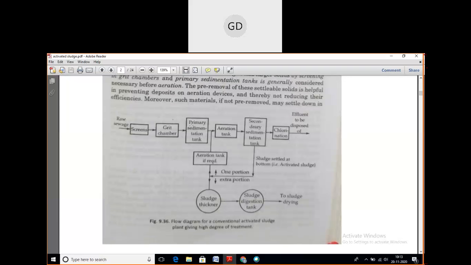All these things we have learned: first screens and grit chamber, then the primary sedimentation tank, and after that an aeration tank, and from the aeration tank it goes to a secondary sedimentation tank. So this part is your activated sludge plant. There are different units or portions of an activated sludge plant.